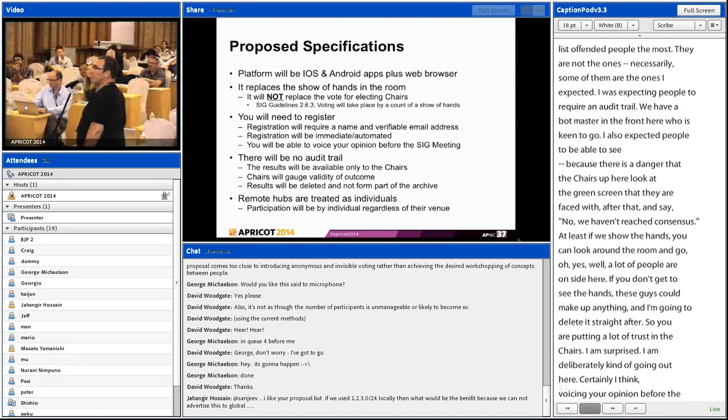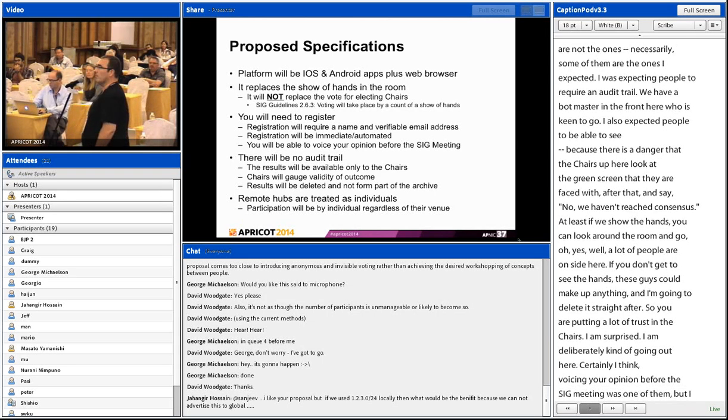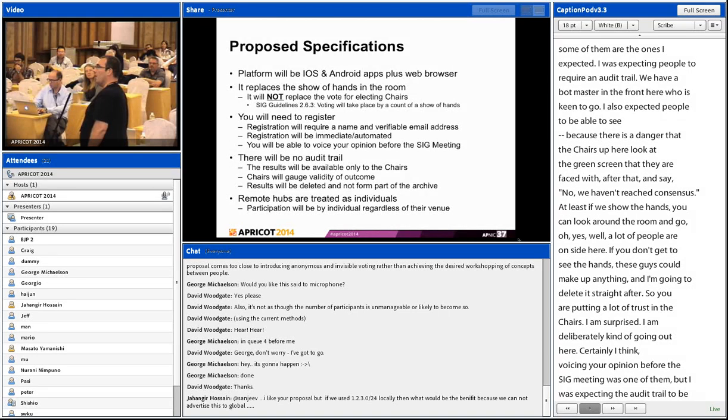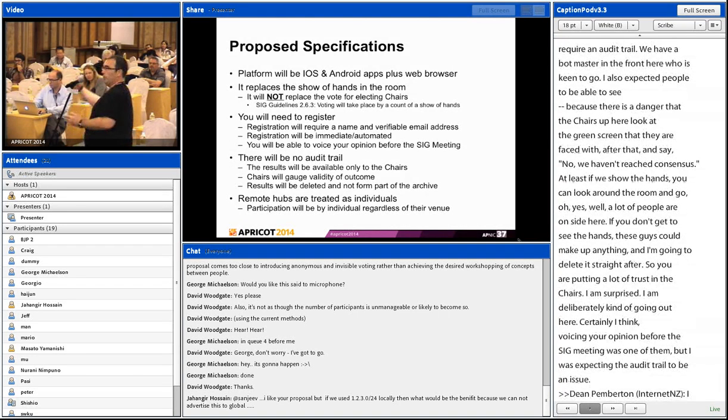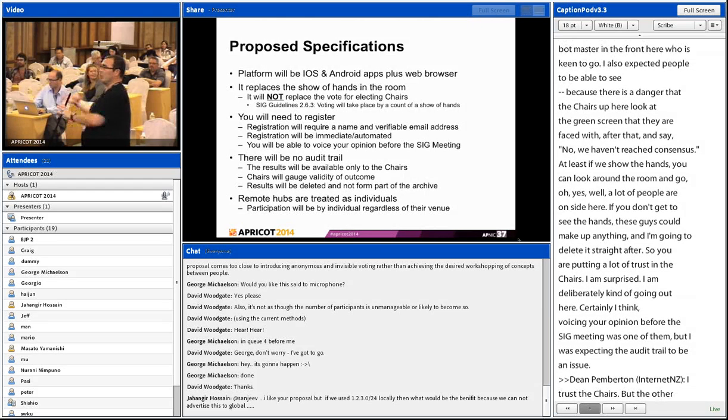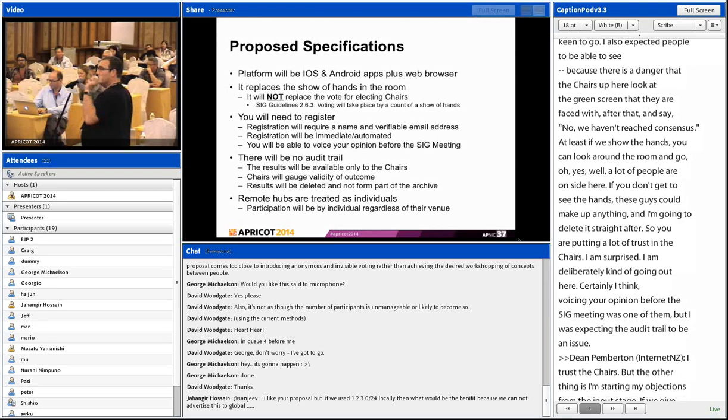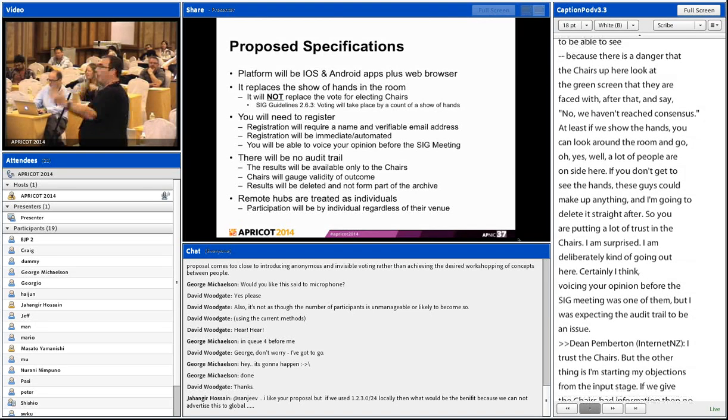Dean Pemberton, Internet NZ. I trust the chairs, but I'm starting my objections from the input stage. If we give the chairs bad information, then no amount of good prerogative by the chairs will help.